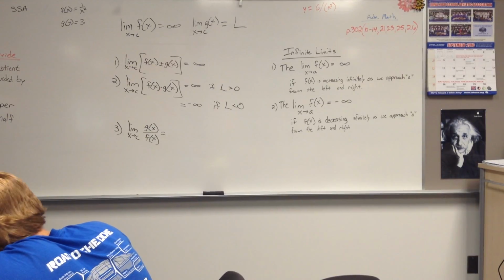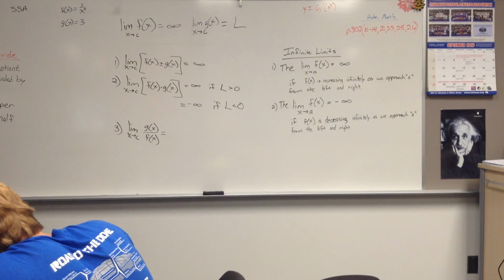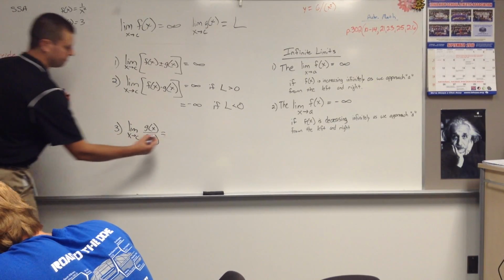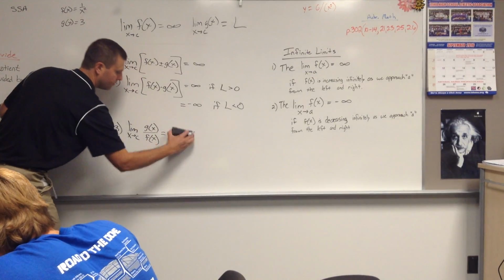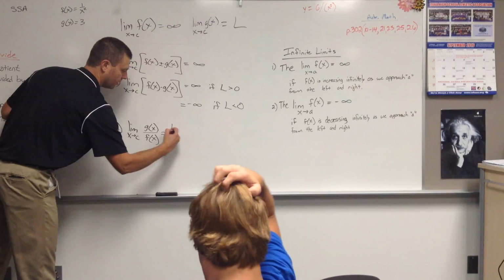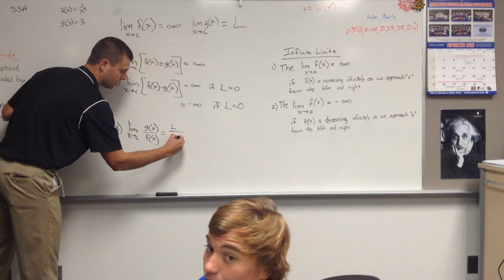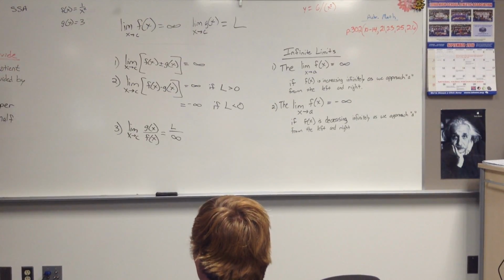Really, small number divided by infinity, which is essentially 0. This would be 0. Because you basically have L, so some constant, divided by a huge number.